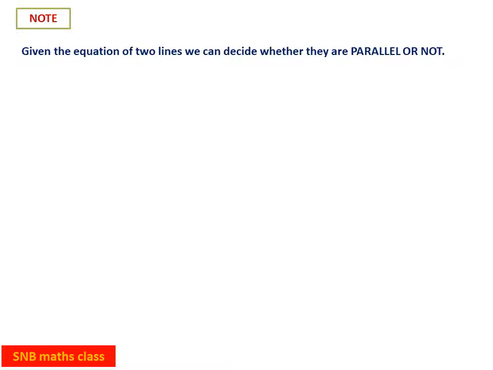But before proceeding, let me make one thing clear. Given the equation of two lines, we can decide whether they are parallel or not. This is the thing you have to understand. Consider the equation r equal to 2i minus 3j plus k plus lambda times (2i plus j minus 3k).